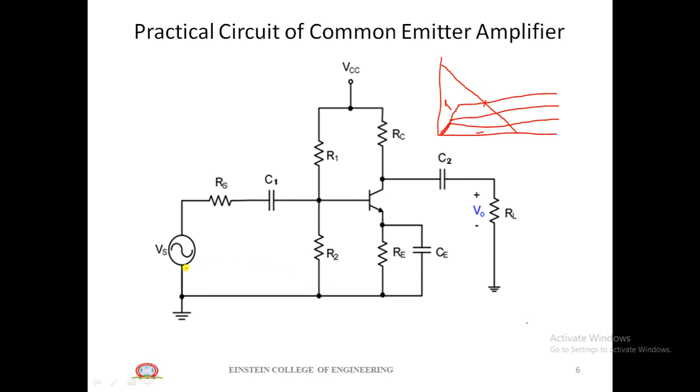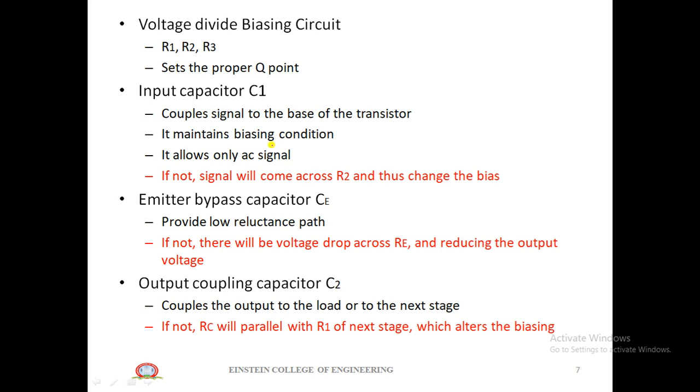So whatever voltage it provides is across the R2, and this will change the emitter and base junction. To avoid that, we are providing a capacitor C1. It maintains the biasing condition and it also allows only the AC signal.